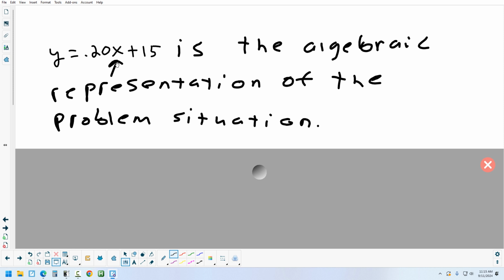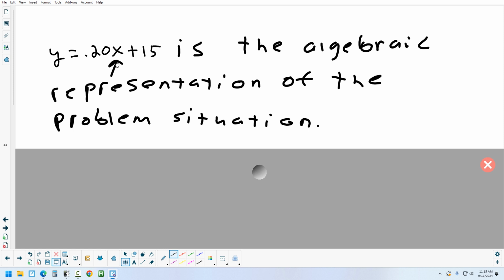But we know x is a number of miles, and the number of miles can't be certain kinds of numbers. What wouldn't make sense for a number of miles? Yeah, you wouldn't have negatives. So mathematically, yes, you can plug in a negative for x, but in the context of the word problem, no, that doesn't make sense.